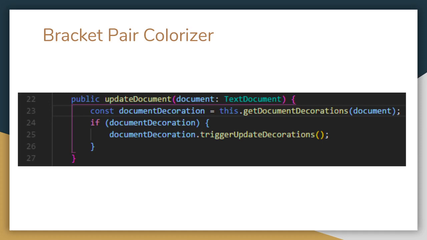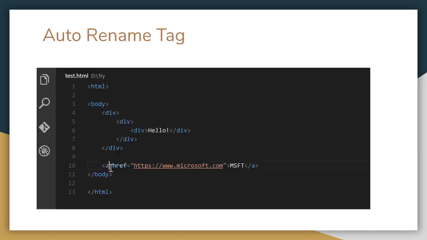So I would say to get the Bracket Pair Colorizer, just because it makes the environment look a lot nicer. Auto Rename Tag. This allows us to change our tags, and one of the most annoying things can be changing both the starting tag and the ending tag.